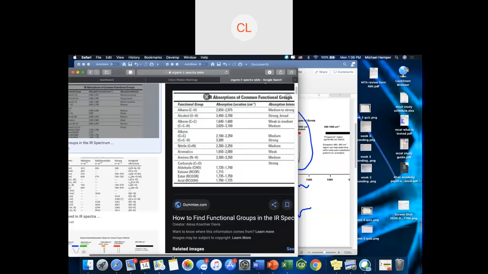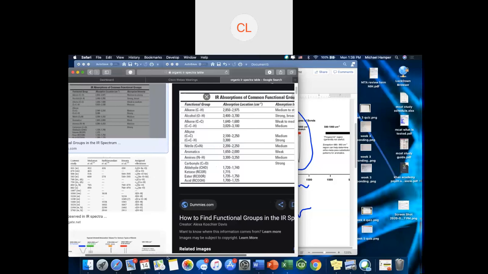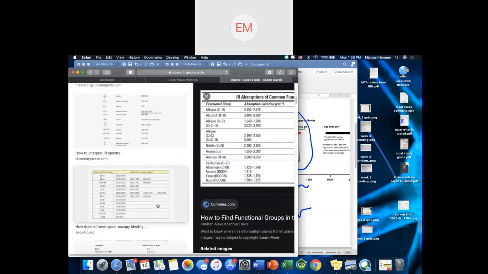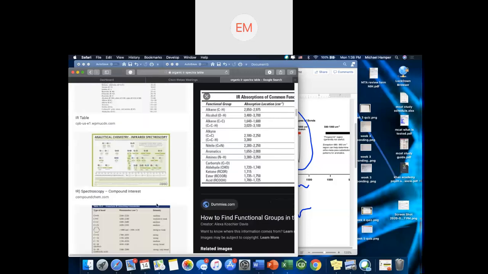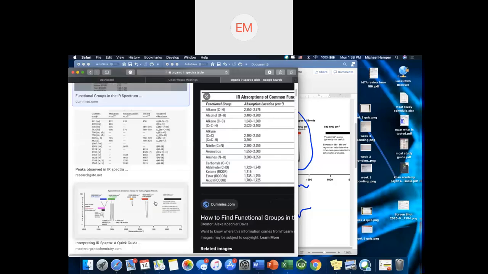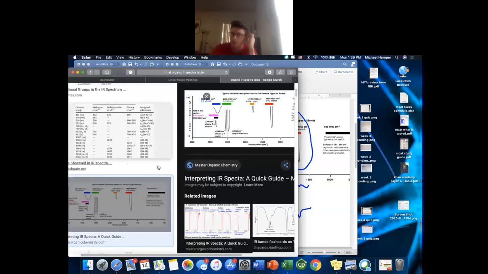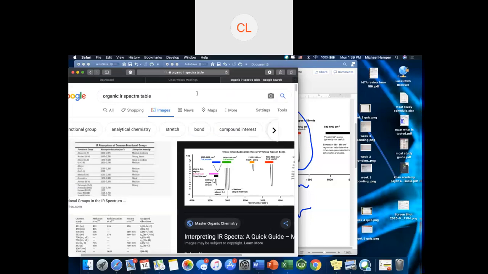You wouldn't actually see a graph with the peaks. That's why we told you to remember the strengths and how they actually look. Does that answer your question?